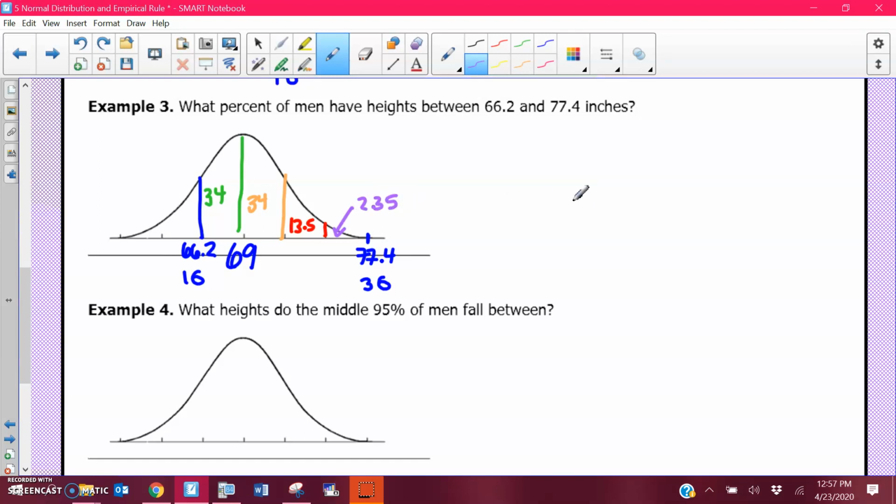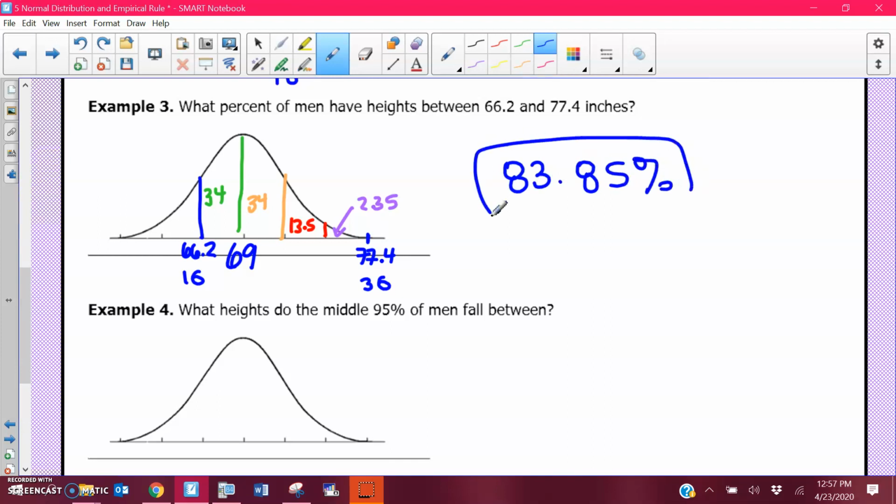Those numbers are coming from taking the big number, subtracting it from 100, and then dividing by 2 since it's on either side. So if I add up all of those numbers, I get that the percent of men that have heights between those two particular values is 83.85%. Again, this is just knowing what the empirical rule states.